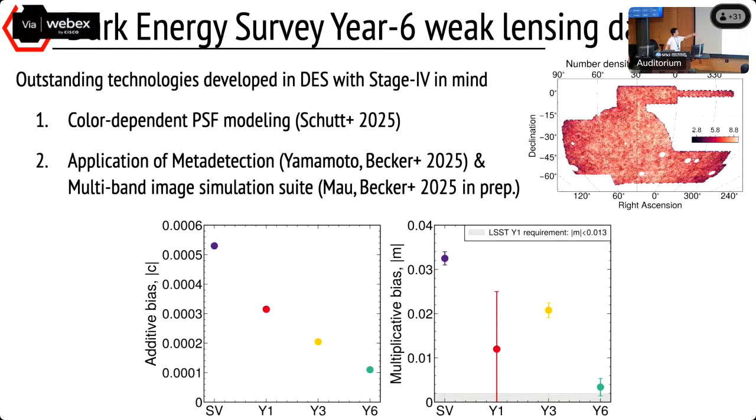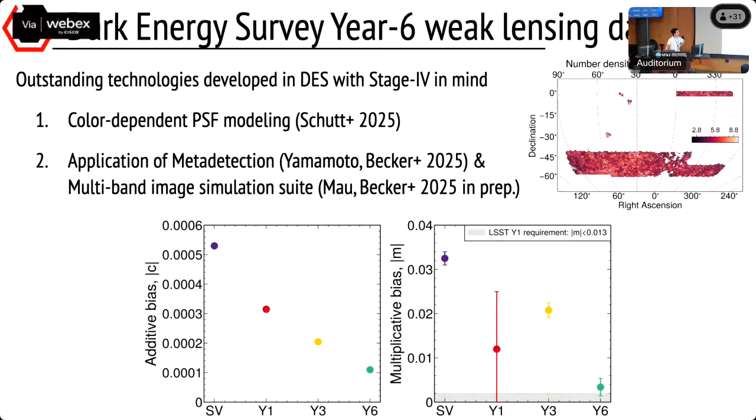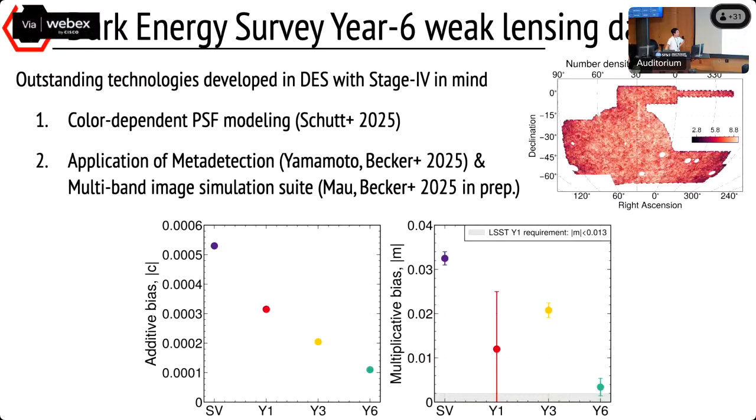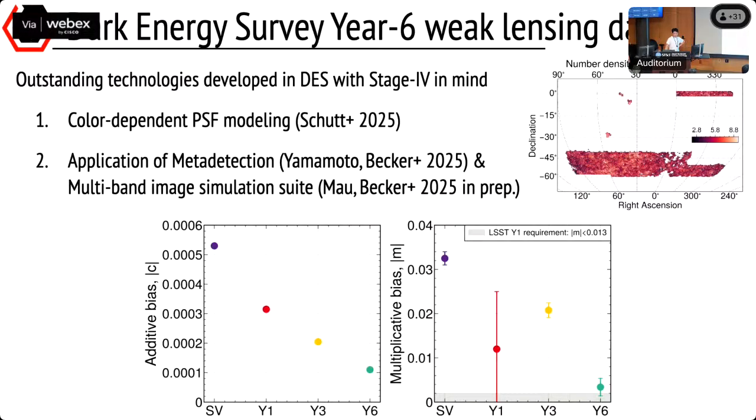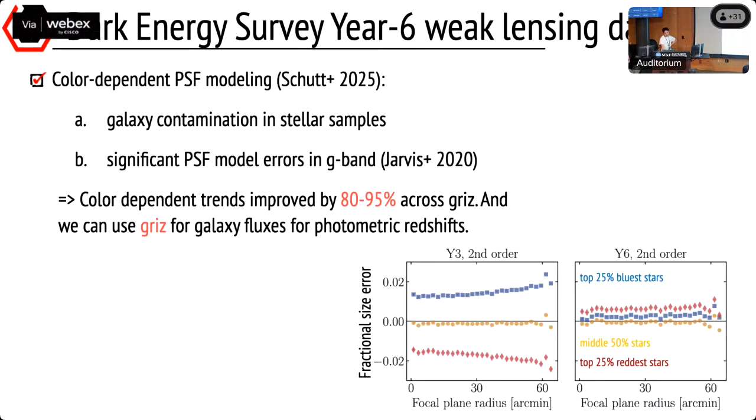Okay, sorry. There's also an image of number density going from science verification to year 6. So in terms of PSF modeling, open problems in Y3 were that we had possible galaxy contamination in the stellar sample we used to model the PSF.